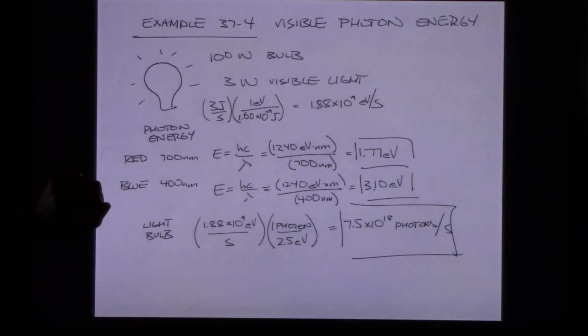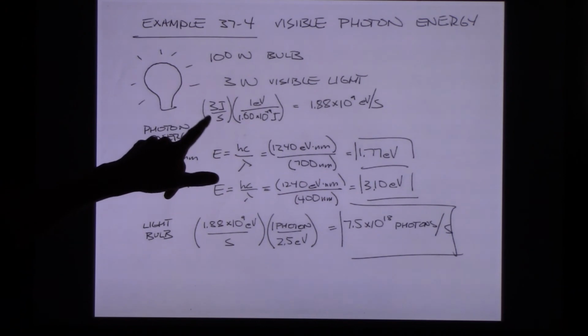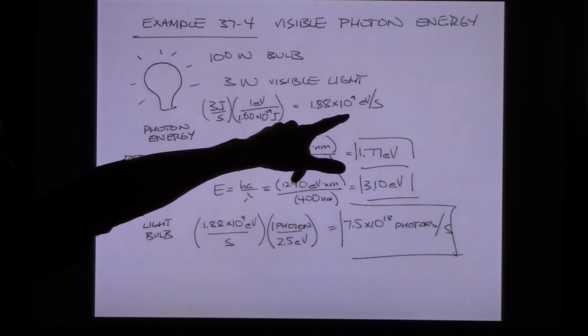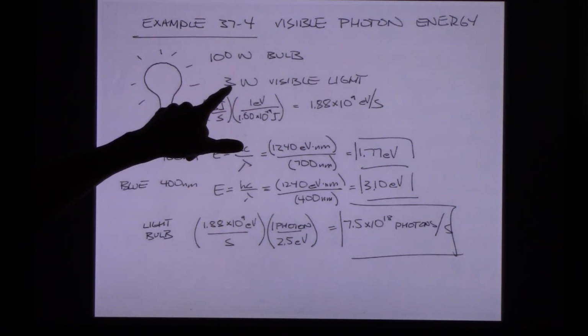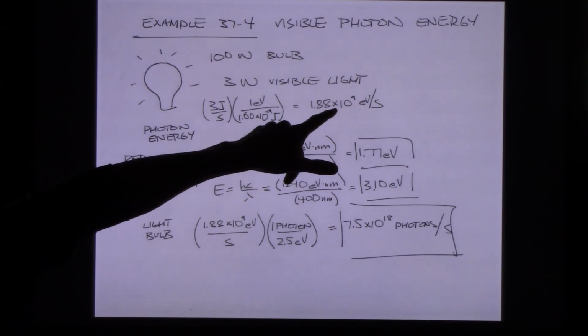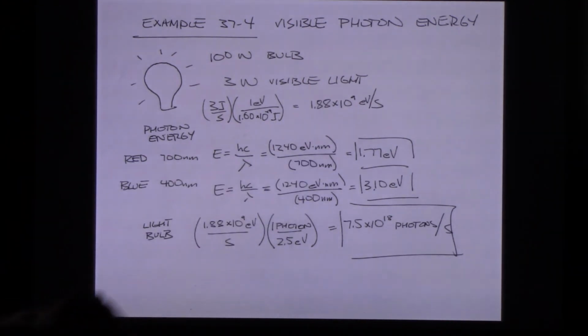And so they gave us this information in joules. What I'm going to do is convert into eV units. So 3 watts is 1.88 times 10 to the 9th eV per second. Okay, and that can't be right either.